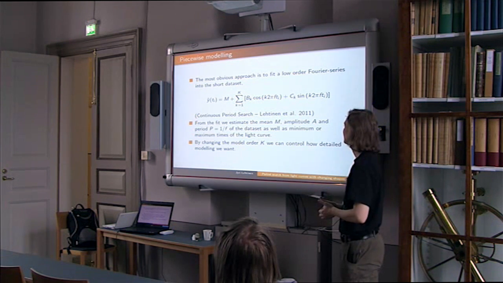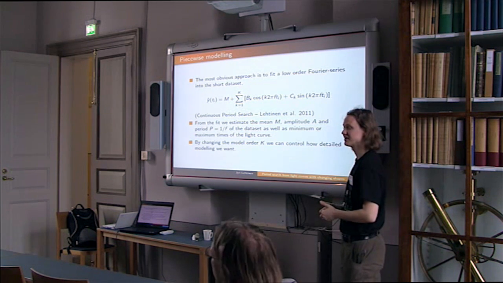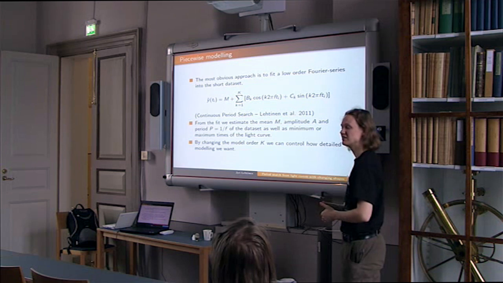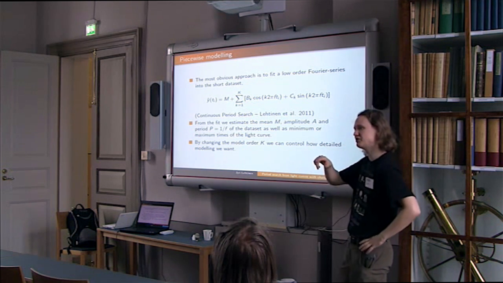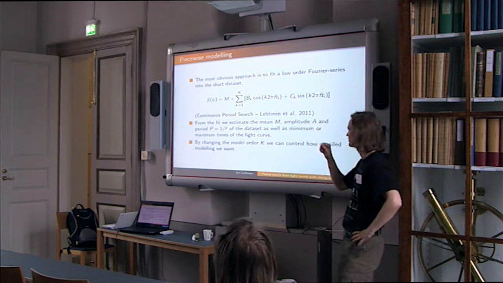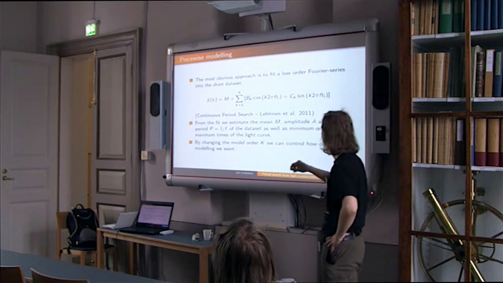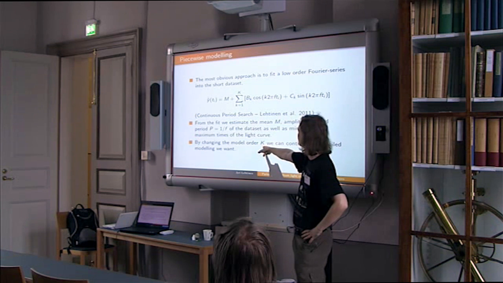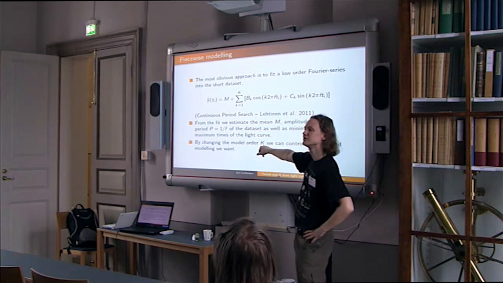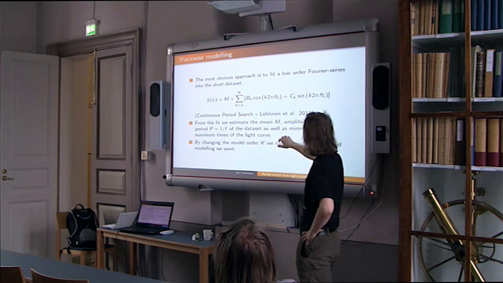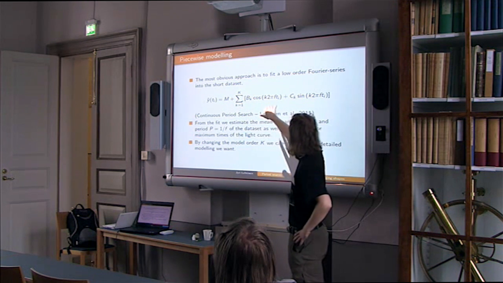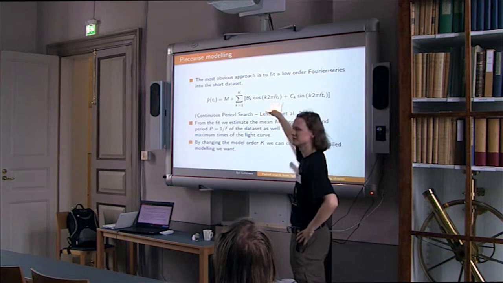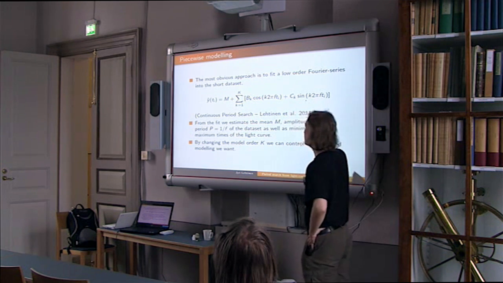In general, this doesn't have to be too high. If you look at the data, it's quite simple in its form. So there are no very sharp variations. It's quite smooth. So usually setting this to 2, only taking the mean value and first and second order sine and cosine terms, will work.